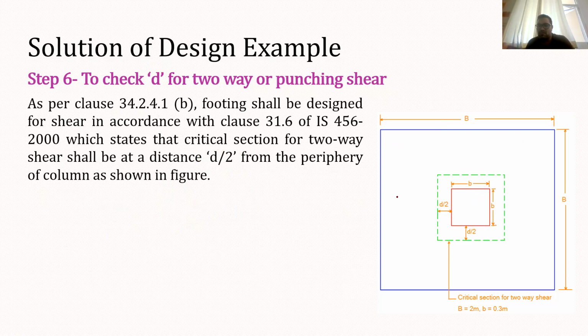So here again, we have to select which area is to be selected. Either we select the outside green dotted line area or the inside green dotted line area. So either we select this area or we select the area inside the green dotted square. The width of this green dotted square will be B plus D, D by 2 from this side and D by 2 from this side.